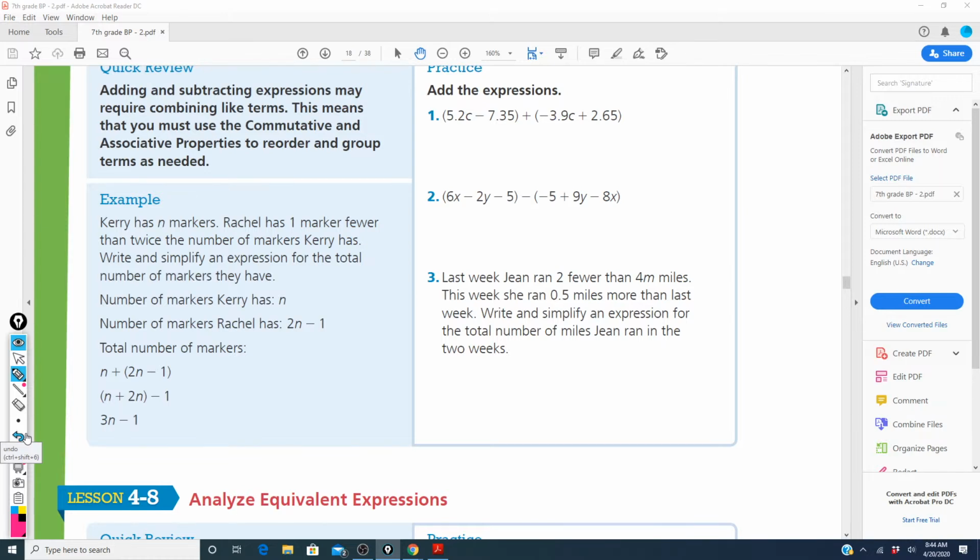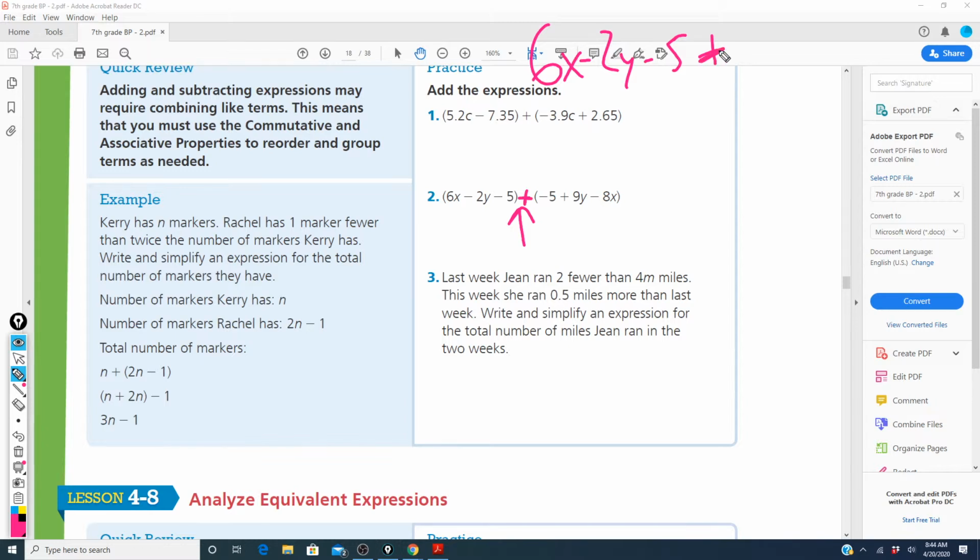If I have a negative sign in front of parentheses, I want to rewrite this minus 5. I want to change this minus sign to an addition, and then distribute that minus sign to the other parts we see here.